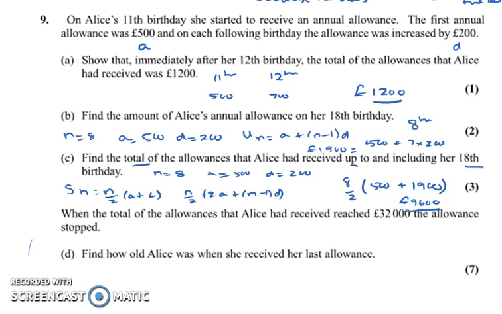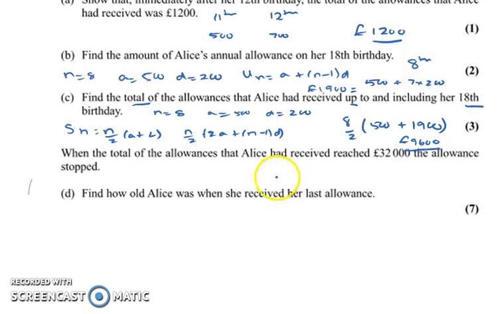Now, part D, when the total of the allowances that Alice has received has reached £32,000, the allowance stops. We need to find out how old Alice is when she received her last allowance.